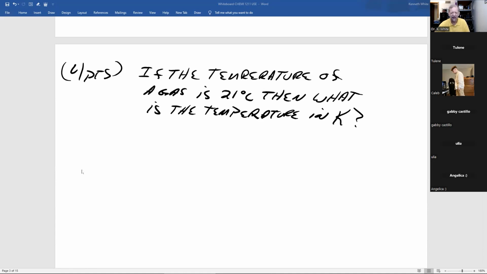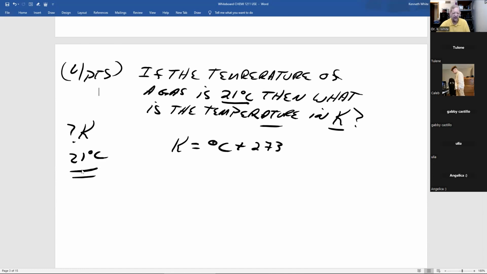All right, so let's take a look at this. What are we trying to find? The temperature in Kelvin. What are we given? Degrees Celsius. And the formula, which will be important information, Kelvin equals degrees C plus 273.